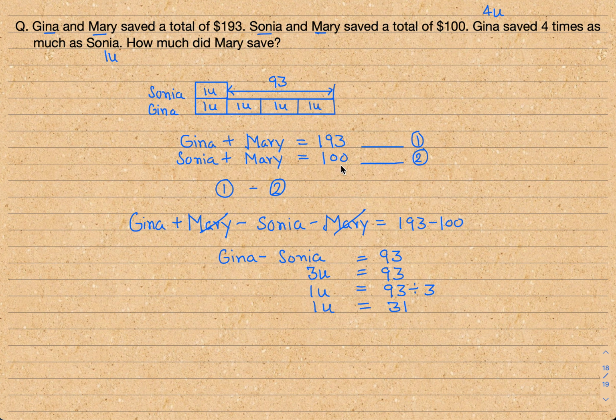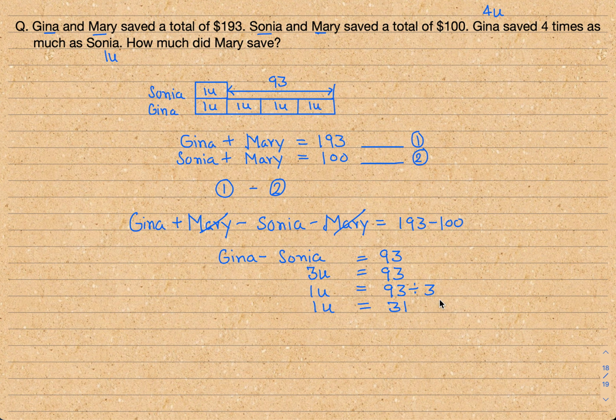Or we can also use the second equation, where we just need to subtract whatever money Sonia was having from $100. I think the better way would be to use the second one. Why? Because Sonia is having only 1 unit of money, and we already have 1 unit, which is 31. So we don't have to calculate another 4 units to find out how much Gina was having.